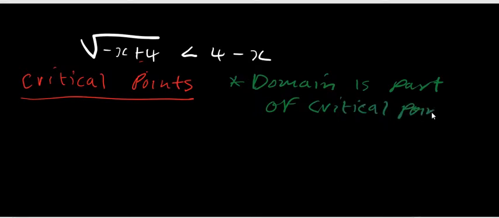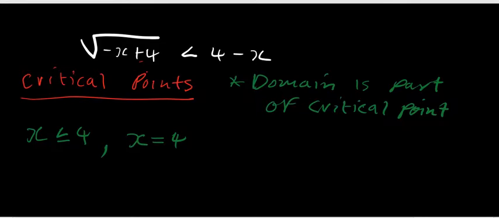Okay, so your domain is part of the critical point, and you know that your domain, which is x, is supposed to be less than or equal to 4. So if I was to get the critical point, one of the critical points is x is equal to 4. All right, so that is the first critical point.